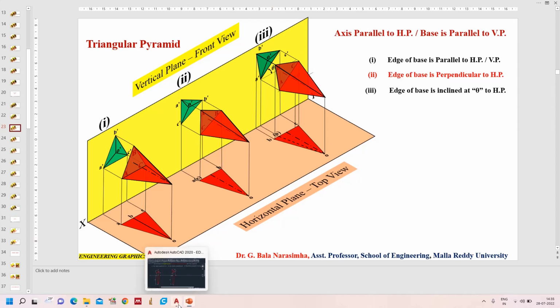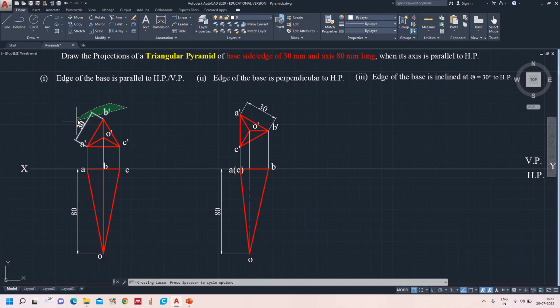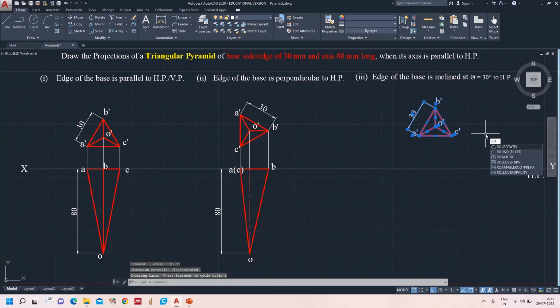So what I am going to do is that instead of drawing it again, I am copying this one, Control C, Control V, just I am pasting it here. I'll delete it. Okay, now rotate. As of now, the AC edge is having with respect to HP 0 degrees.